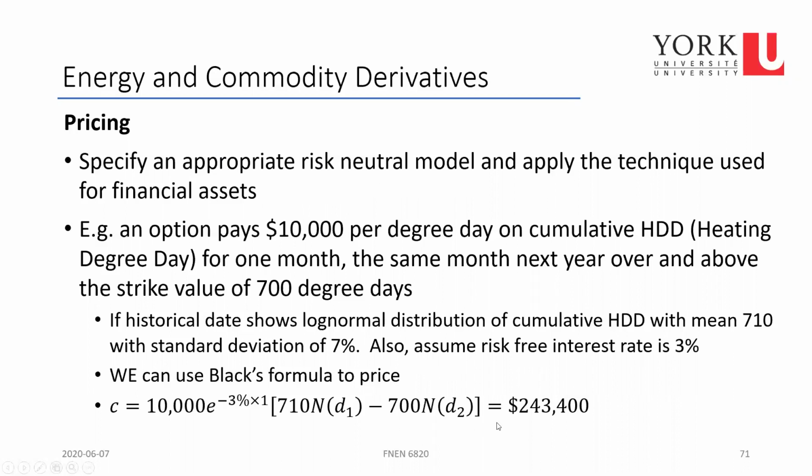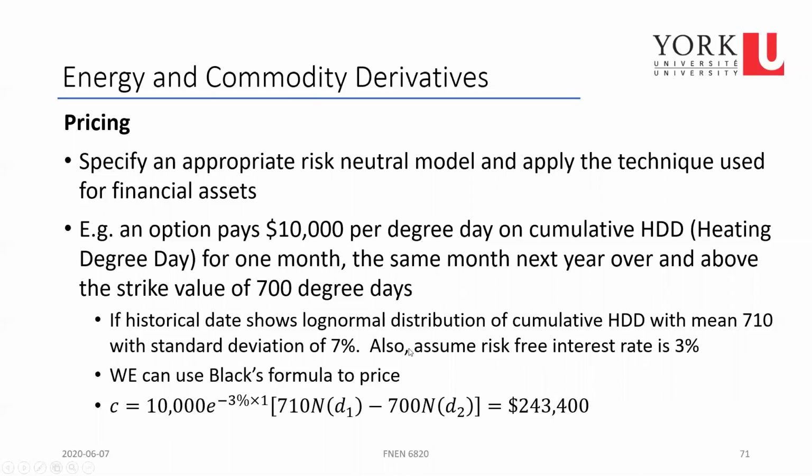Here, as a simple model, we just assume that the heating degree days follow a log normal distribution. But you may want to have a fancier distribution as the risk neutral distribution.